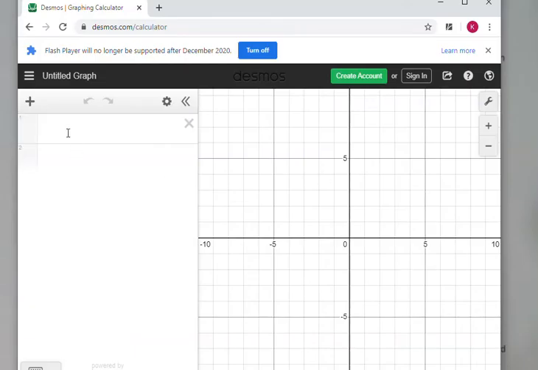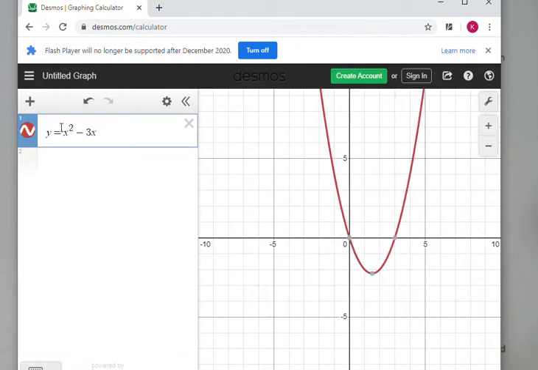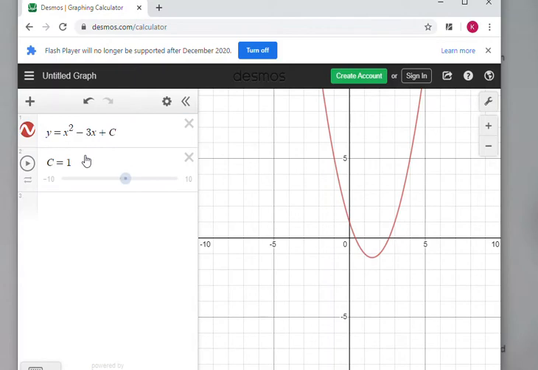So here's my Desmos graph, and again I'm going to start with y equals x squared minus 3x. And I'm going to go ahead and put in plus c, and I'll tell Desmos to add the slider on c. So you can see right now the graph shows c equals 1.